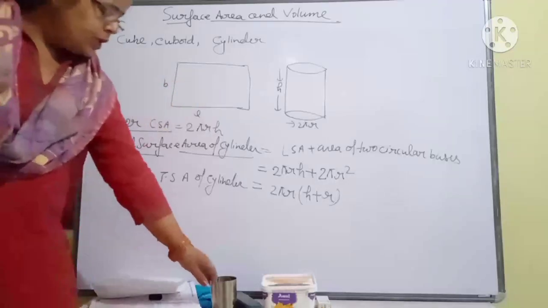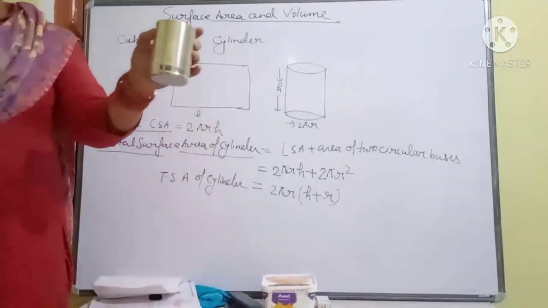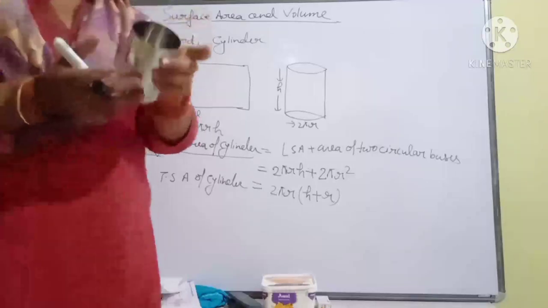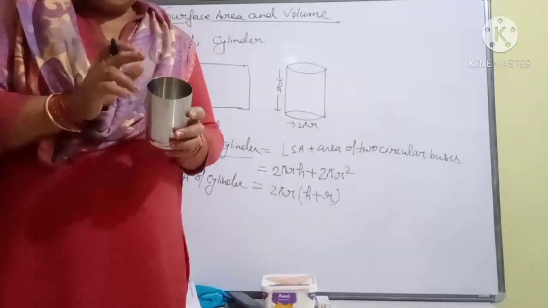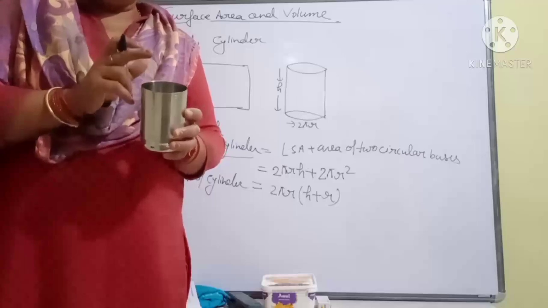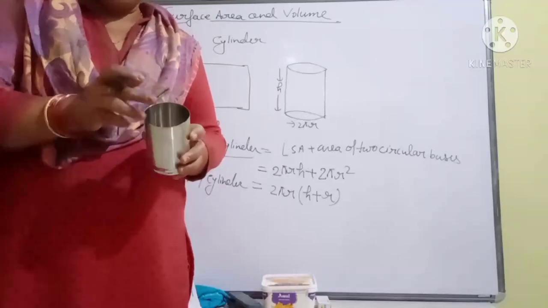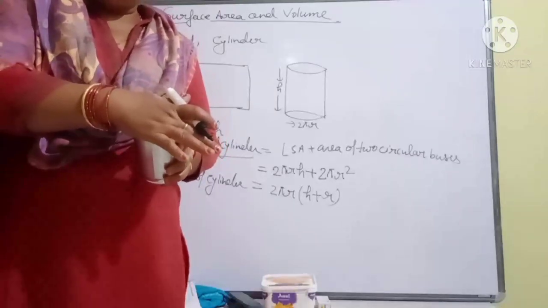You can see that this is a glass. Here only one base is there. From the top it is open. So in this case, if we would like to calculate its total surface area, we have to cover it from the top also.